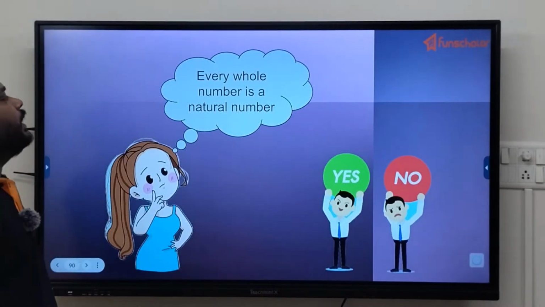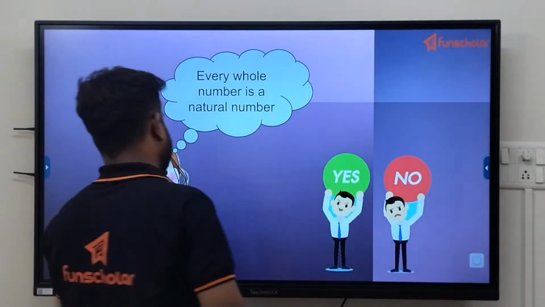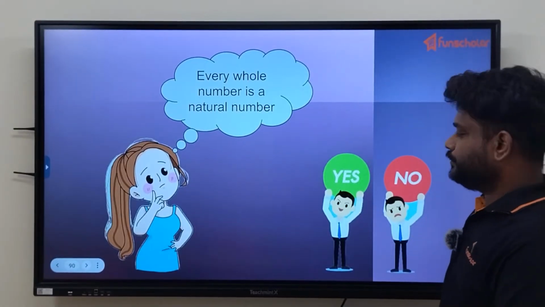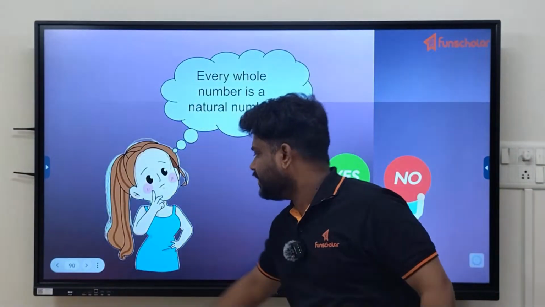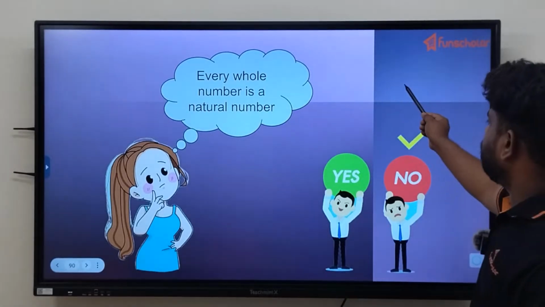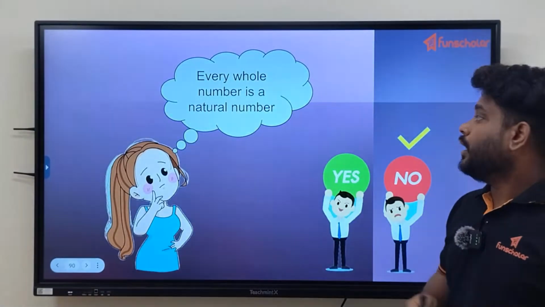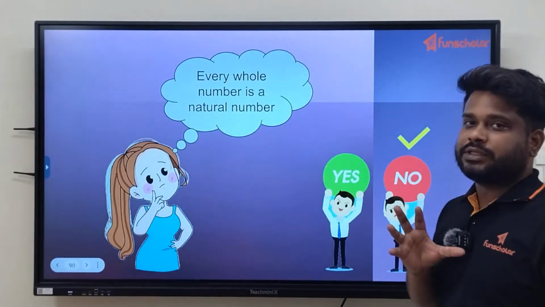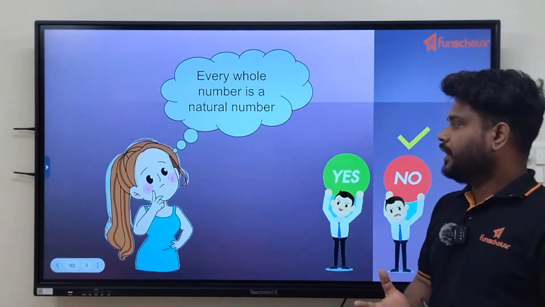Acha. Every whole number is a natural number. Is it right or wrong? This one is quite easy. It will be no. Every whole number is a natural number, it's no, because 0 is a whole number which is not a natural number. Because we can't just count 0 in nature.